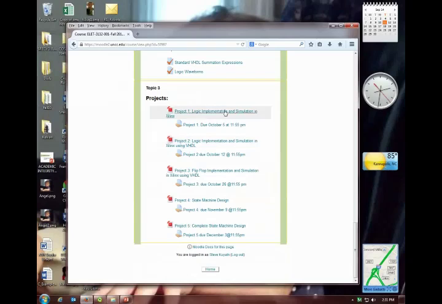Notice this, projects are coming up. Projects, to me, are a little bit more than a homework. It takes a little bit longer and a little bit more thinking, and it's open-ended type stuff. What I mean by open-ended is I say do this.